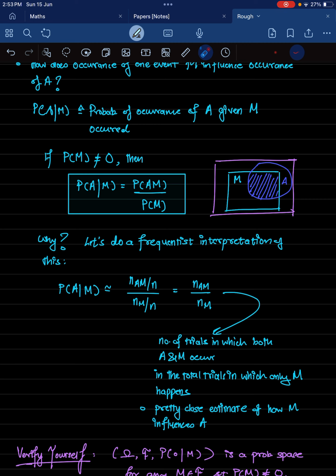So notice this is like transforming the whole probability space into something where the sample space is only the events where M has occurred, and you're trying to find the intersection, that is the overlap of the event A with this sample space, that is the outcomes where the event M occurred.